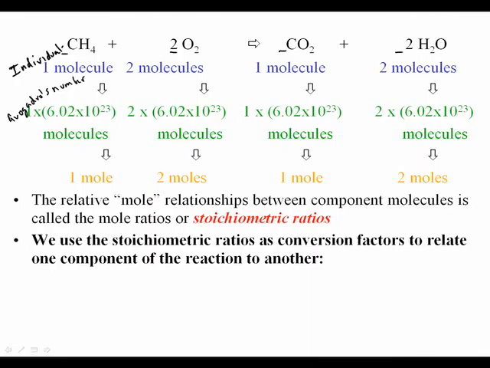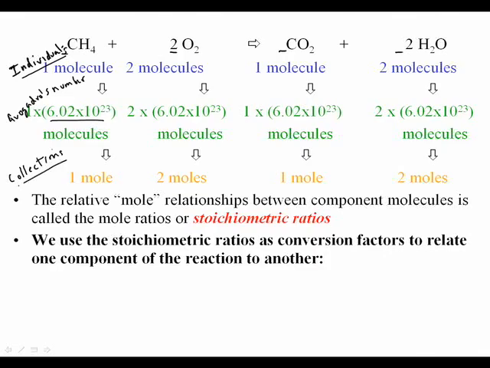And this tells us how many particles are in a mole. So if we multiply times that number, we can convert into moles. And so the moles, not individuals, but collections of individuals.